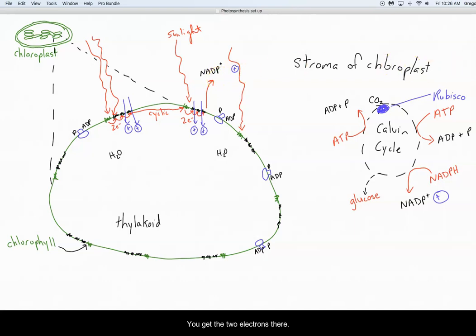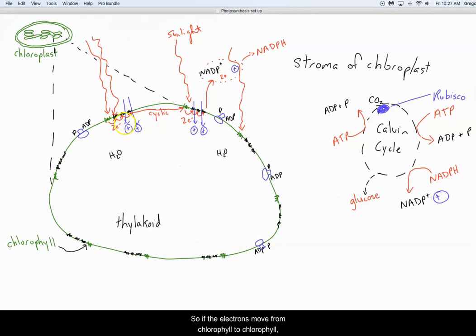Okay, you get the two electrons there, and you wrap all that together, and that becomes an energy source called NADPH. So you've got energy now to feed into the dark reactions, okay, or the light independent reactions to fix carbon and generate glucose from it.